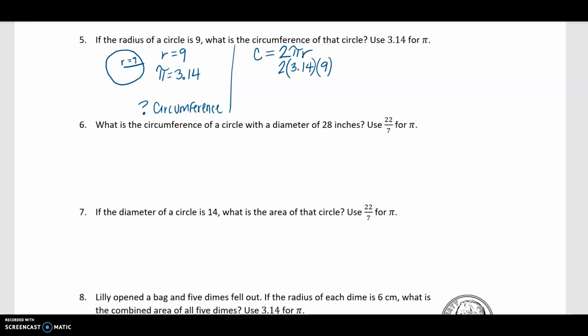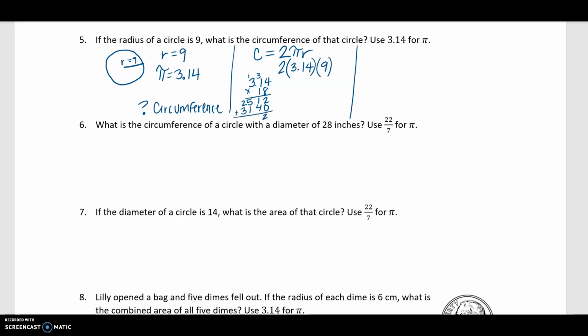And the great thing with multiplication is that you can multiply it in any order. So once we solve it, I'll do this first one with you. So 2 times 9 is 18. So I'm going to do 3.14 times 18. 4 times 8 is 32. 8, 9, 10, 11, 24, 25. 0. 1 times 4 is 4. 1 times 1 is 1. 1 times 3 is 3.